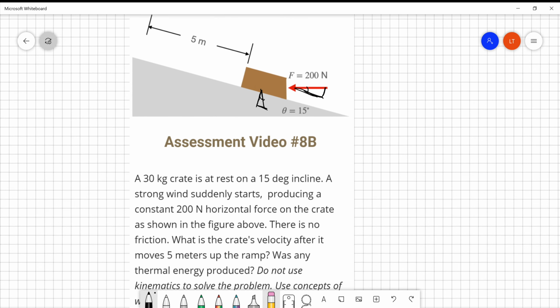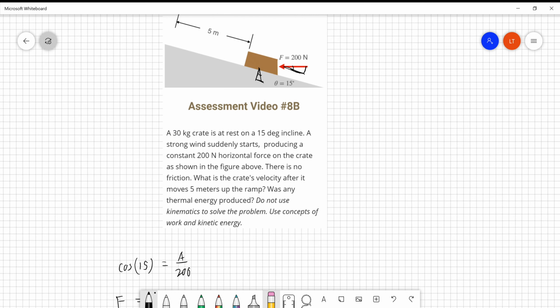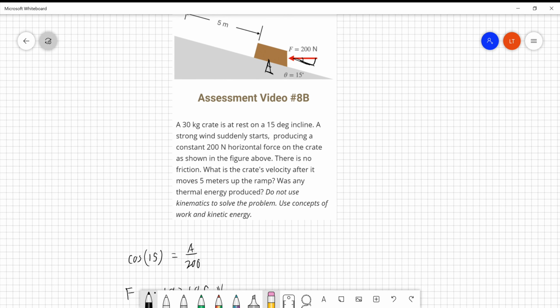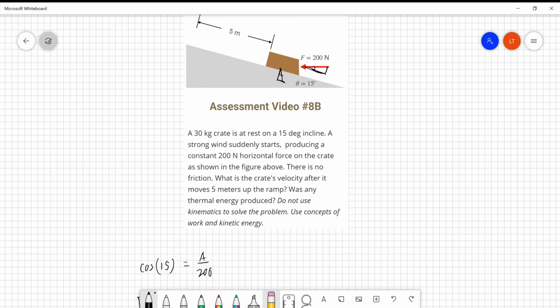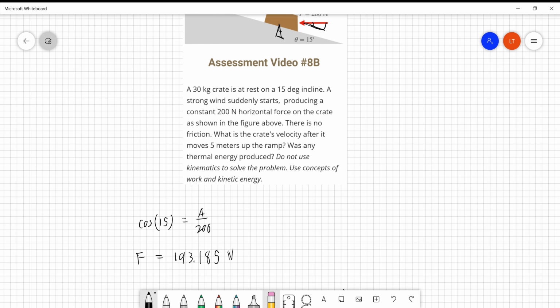With that information, we can do some trig and see that cosine of 15 is equal to the adjacent over hypotenuse, which is 200. Put that into your calculator and get a force of 193.185 newtons going along the ramp.